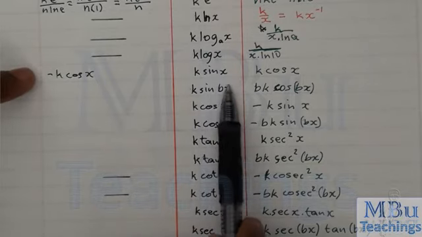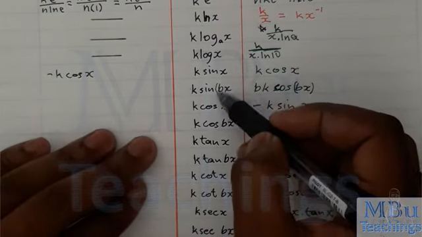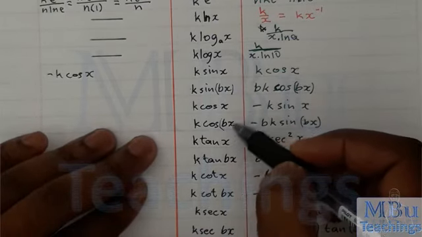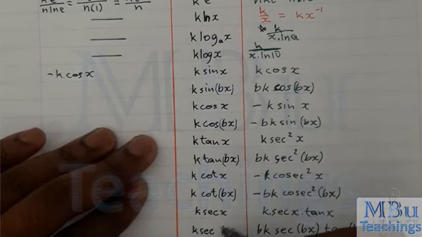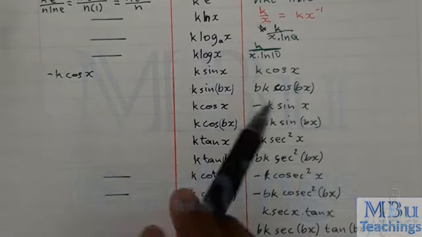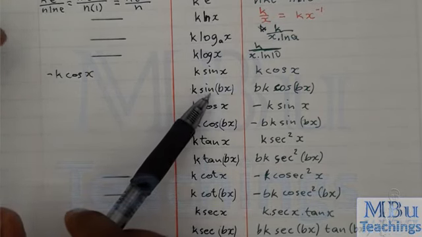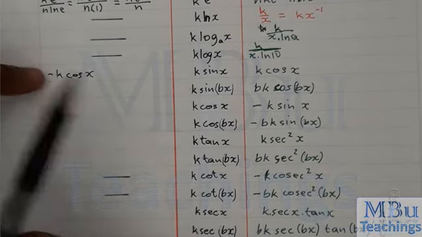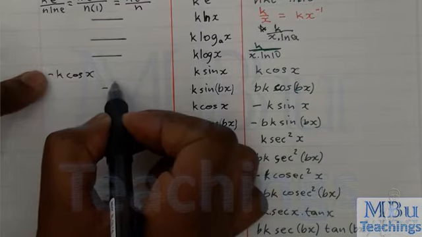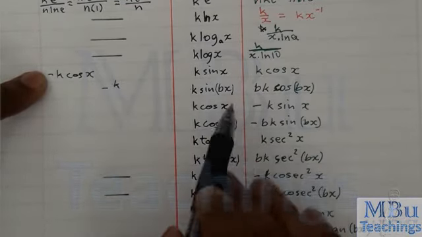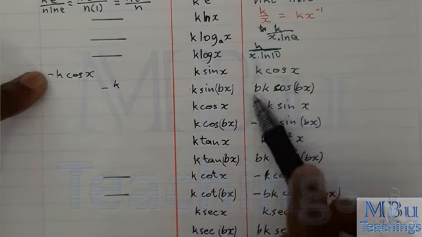That's what we will have for this one. Then what about the one that we'll experience when we have bx? Let me just put these brackets here. We are here, we are integrating this. We know that there is a negative. So this is what we can do. We can say negative k. When we were deriving, we were multiplying by b.